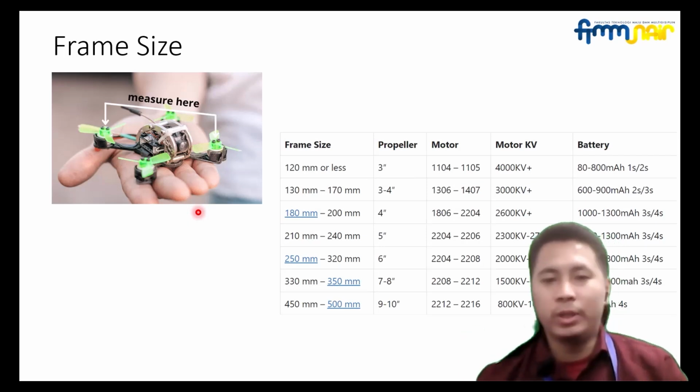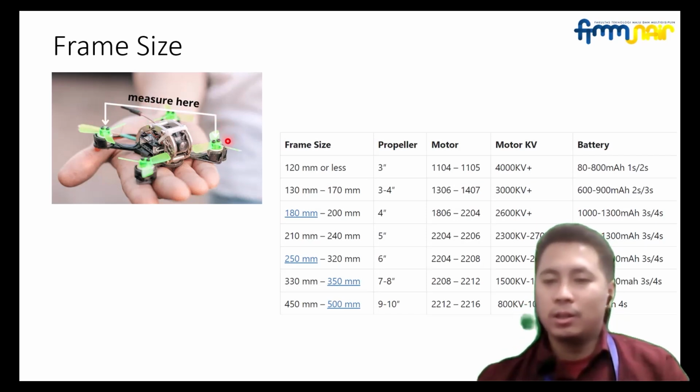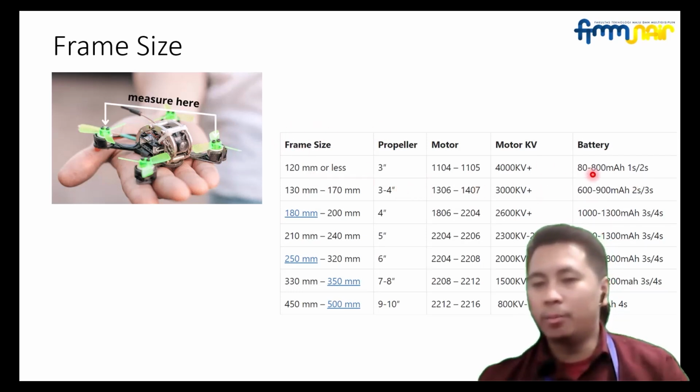We can determine the size with the diagonal length. We measure the diagonal distance, which is the length between the axes of the rotors diagonally. So this is the frame size. You can see on the table that the bigger the frame size, the bigger the propeller, motor, and battery as well.